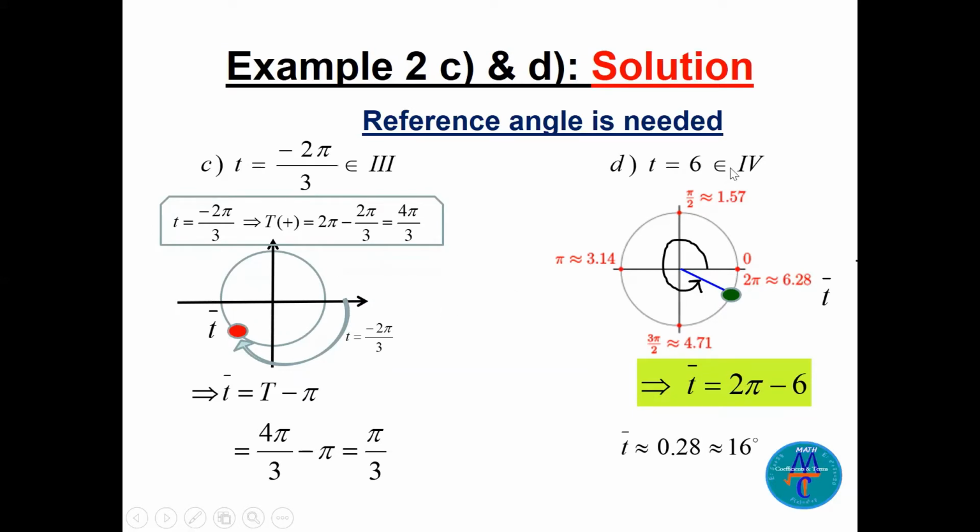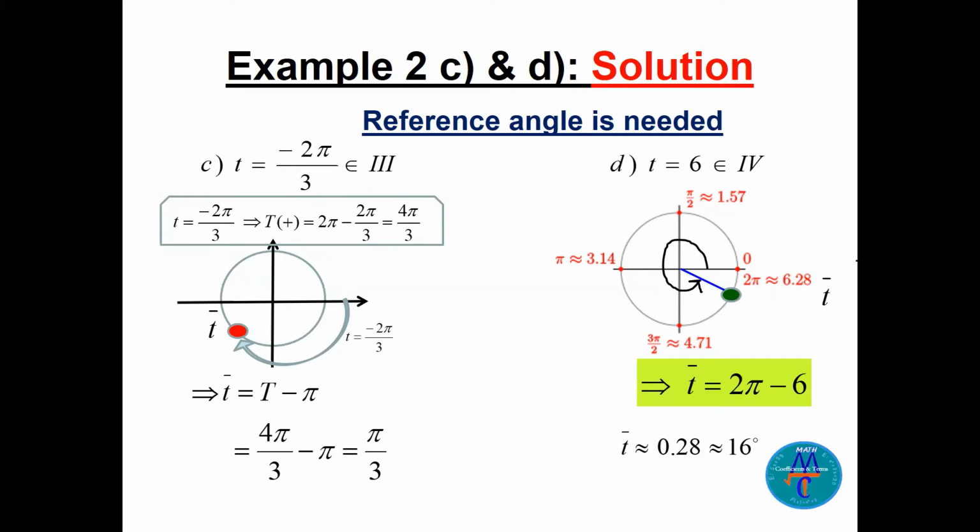Now 6 radians, only 6 radians. Where's 6 radians? If you make a complete cycle, it will be 2 pi. We know that in radians, 2 pi will be approximately 6.28. 6 is just before that, so that means we are in quadrant 4. See the 6 here. This is the angle before we make the complete cycle. So this is 6 radians.